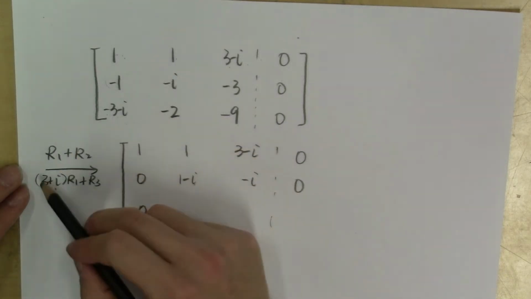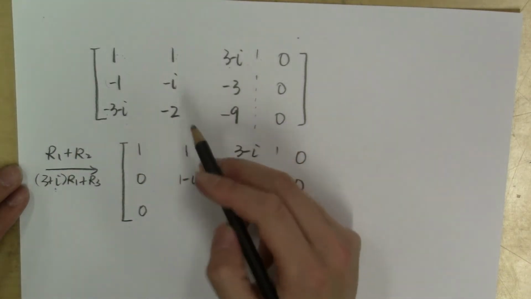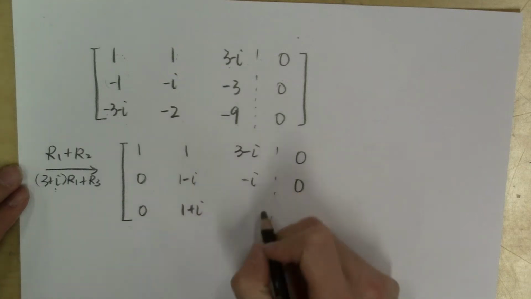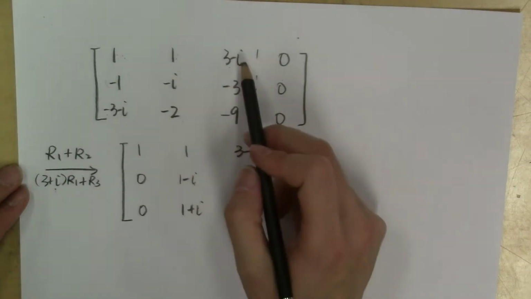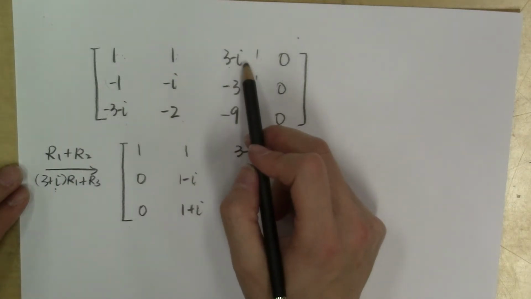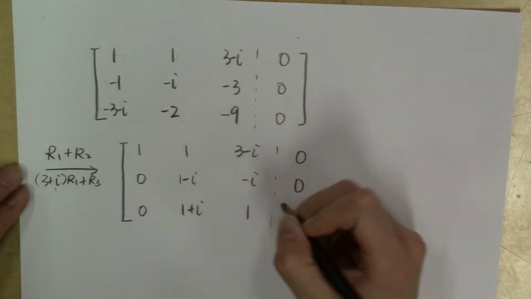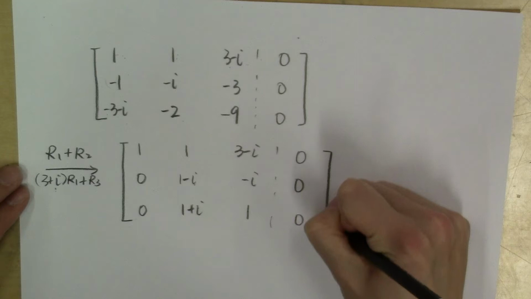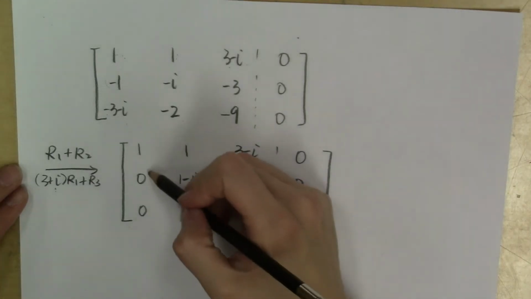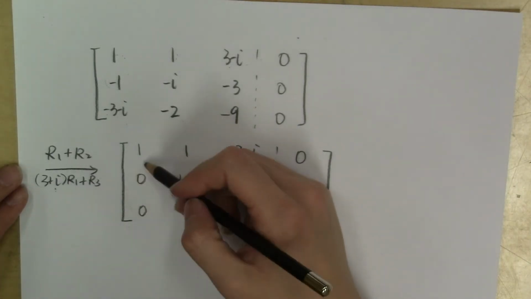This number becomes 3 plus i minus 2, so 1 plus i. This number is 3 plus i multiplying 3 minus i. That gives me 10, and minus 9, that's 1. So I've successfully made these numbers become 0.